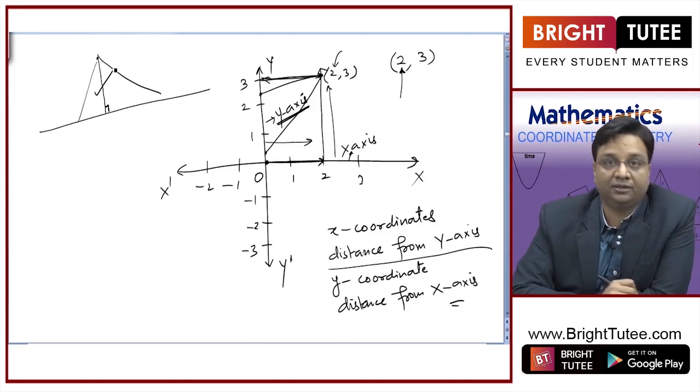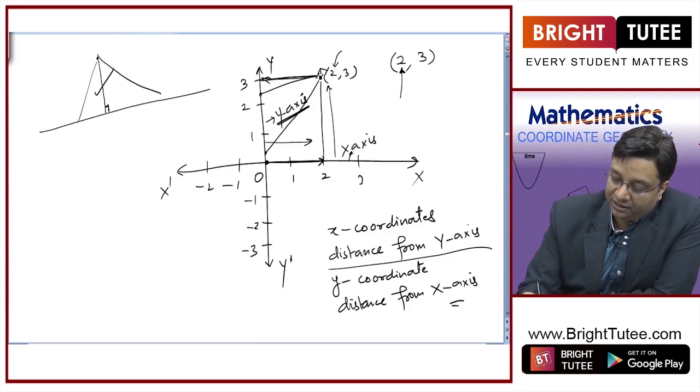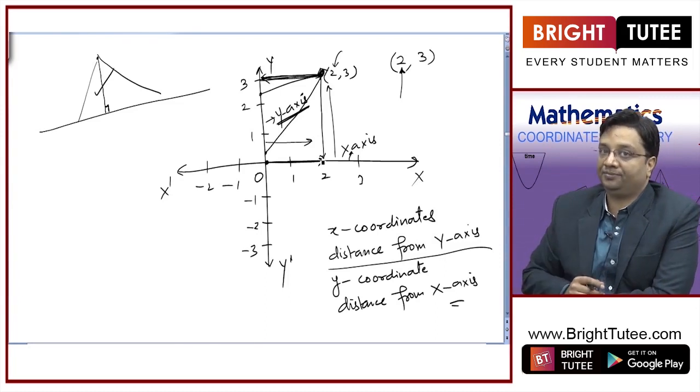Obviously this distance is the distance between this point and this line, so we will measure this perpendicular distance. Okay, so what I have done is I have taken this point and dropped perpendiculars on y axis and x axis, then shown the distances.